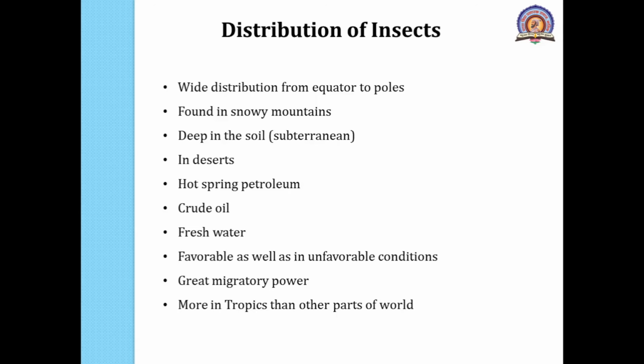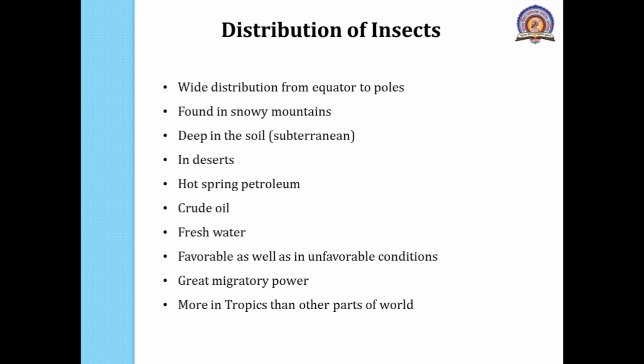They are said to be able to withstand conditions as low as minus 46 degrees centigrade, and they have great migratory powers. And due to this great migratory power, whether actively migrating or passively migrating, they are distributed all over the world.